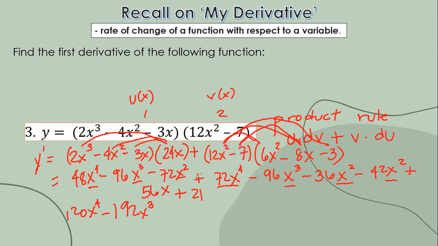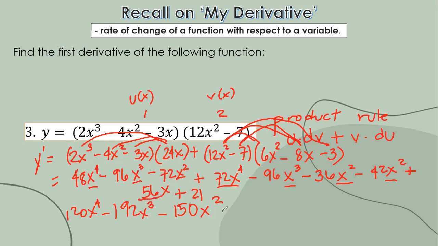Okay, negative 72, tapos 36. 72, 36. And then negative 42. That is negative 150 x squared. Then lahat ng x. Okay, isa lang.